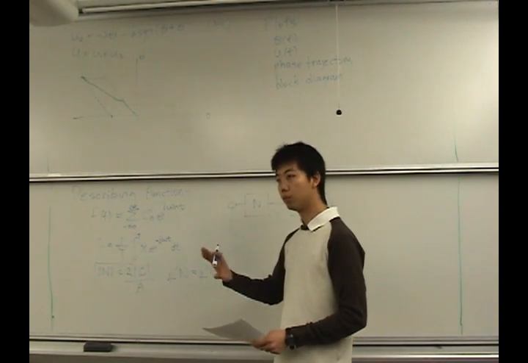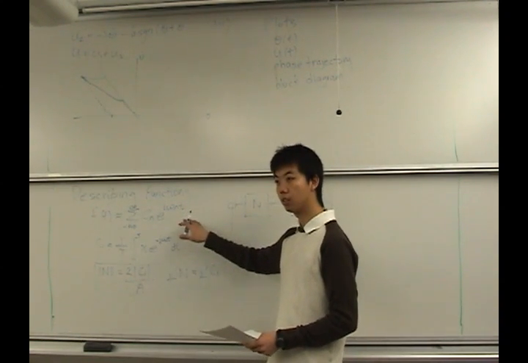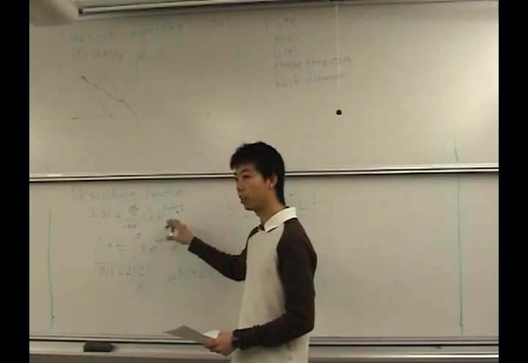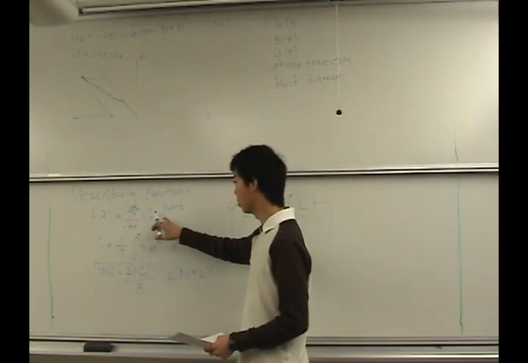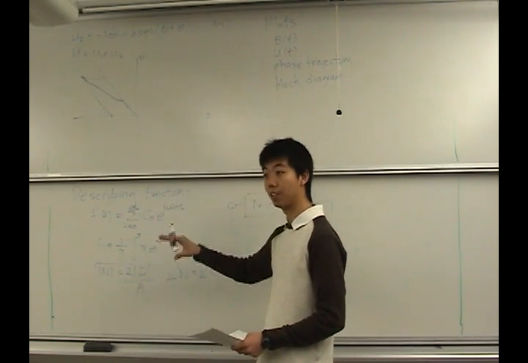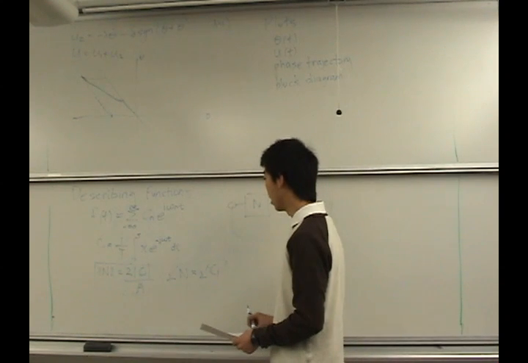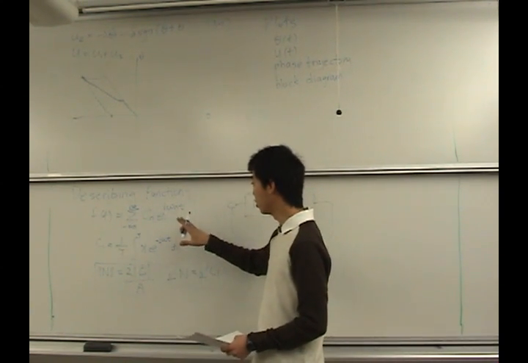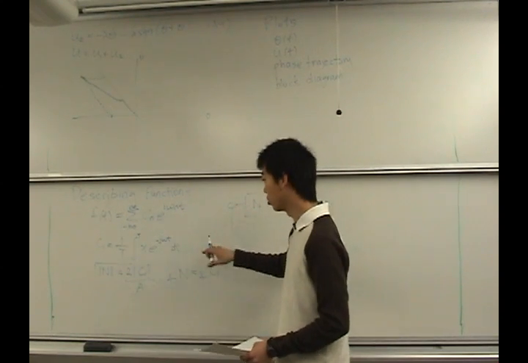I'm just going to offer you an alternative to this. For the Fourier expansion, you could either expand it in terms of the complex exponential, or in terms of the sines and cosines. Sometimes I've found that if you expand it in terms of the sines and cosines, it's easier to solve these integrals.